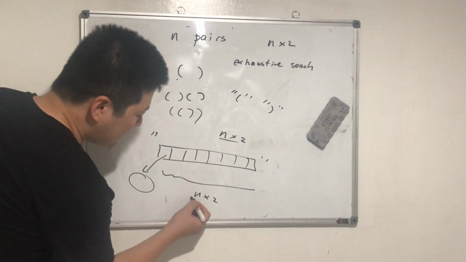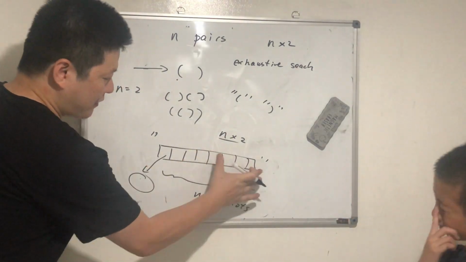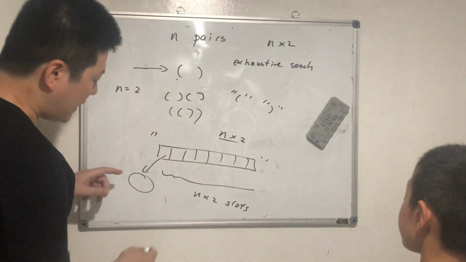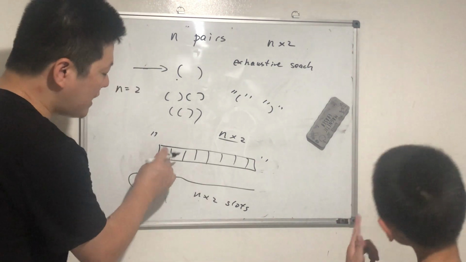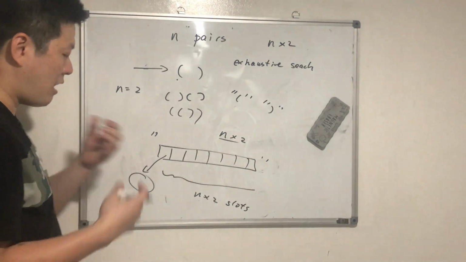So if there are n times 2 slots and each slot contains 2 possibilities, what's the overall number of possible strings?